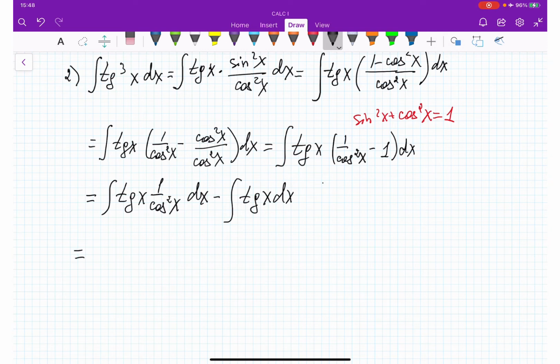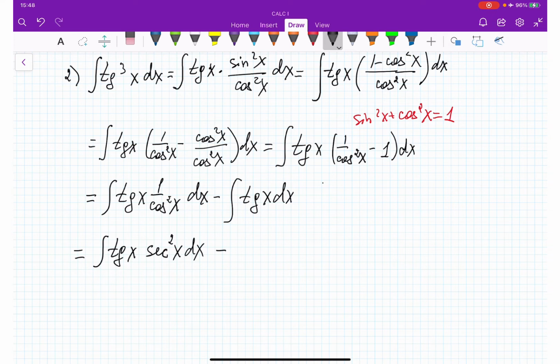Okay, so 1 over cosine squared x is secant squared x, right? Secant squared x dx. And minus the integral of tangent x dx.